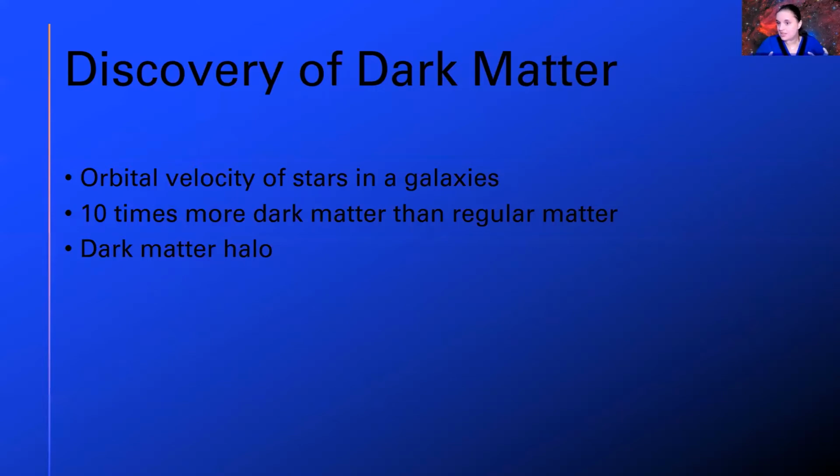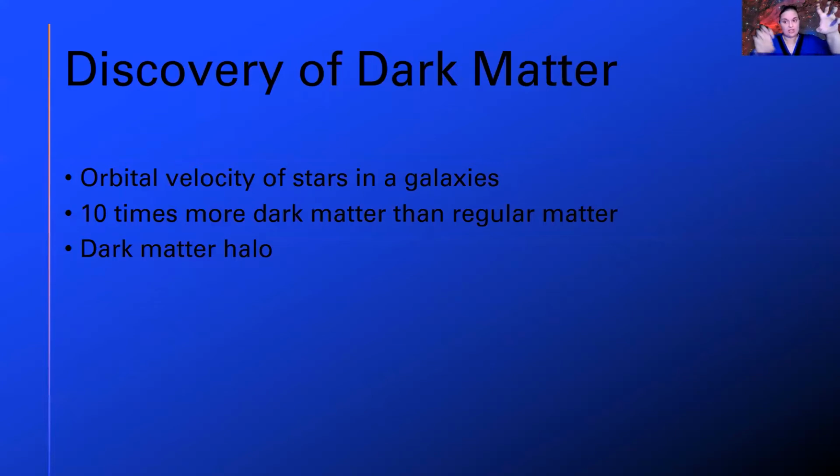So that told us that there was some type of matter or mass within the galaxies themselves and around the galaxies that indicated that there's something pulling on these galaxies. Or even, we've detected this with globular clusters going around the center of galaxies, so hence the dark matter halo.